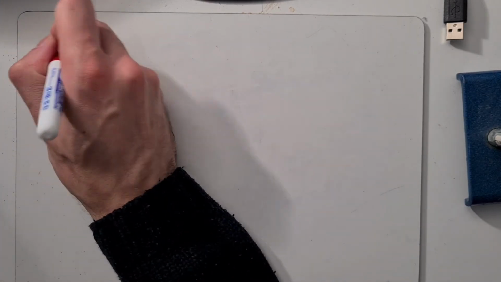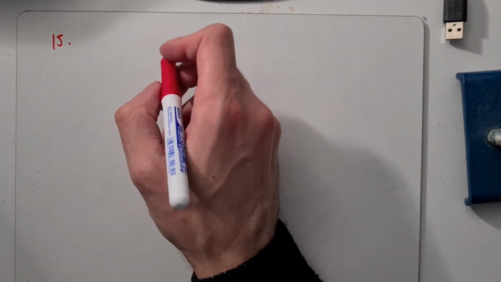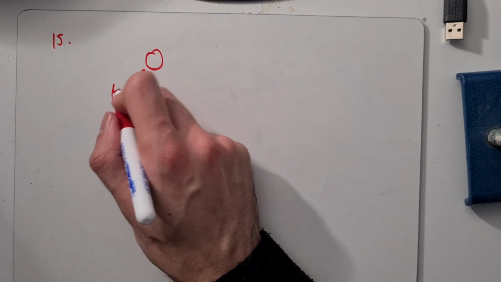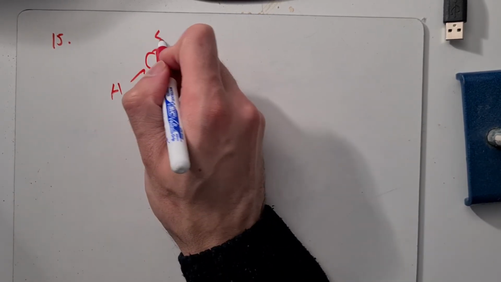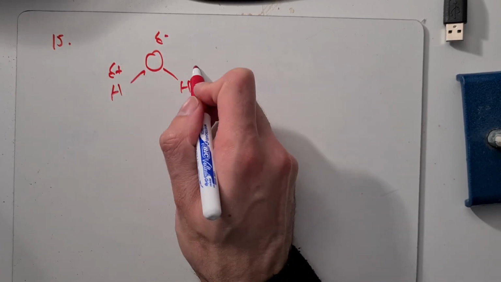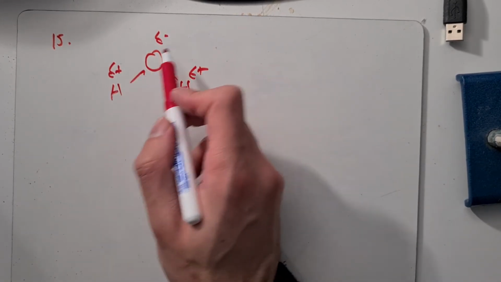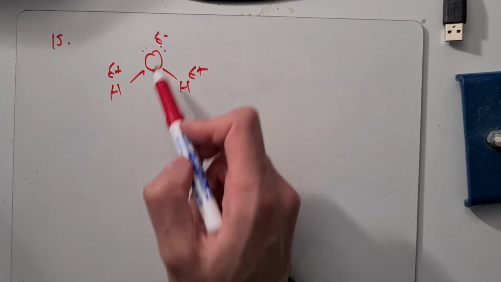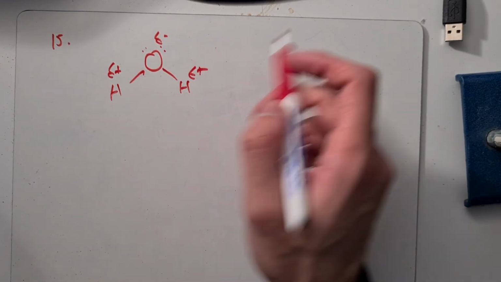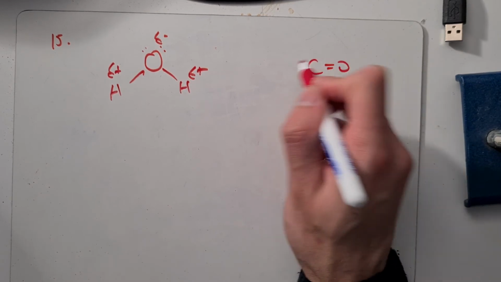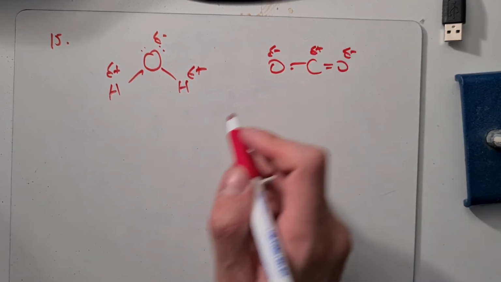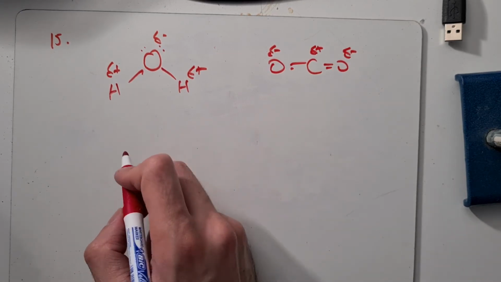15 next then, which would have an overall permanent dipole? Well, if we have a look at each of them, we've got water, put the lone pairs on as well, delta negative oxygen, delta positive hydrogen. We've got CO2, which has delta negative oxygens and a delta positive carbon.